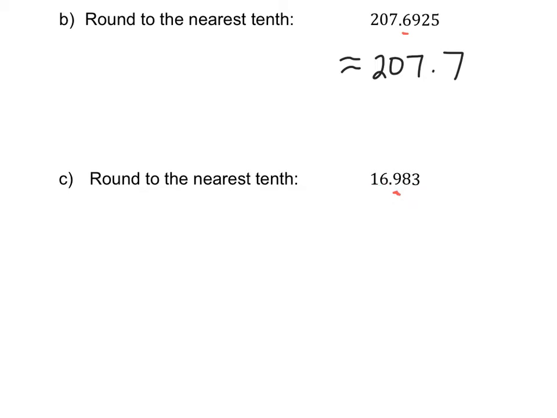Now in this case, we do have to write the 0 because we are rounding to the tenths place. The 0 right here actually shows that we did round to that place, and we should put the approximate symbol in front here to show that we were rounding.